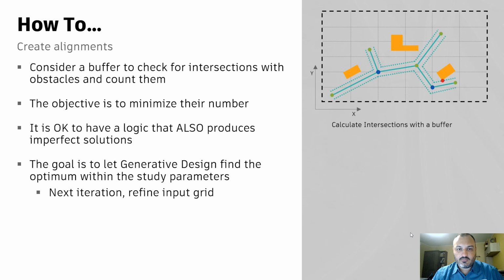And as you can see here, there are still intersections that are possible introducing this concept. So the goal is not to over-constrain the computational strategy. It is okay to have a logic that also produces imperfect solutions.